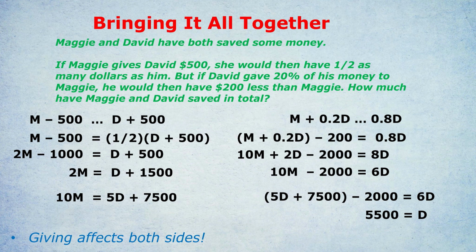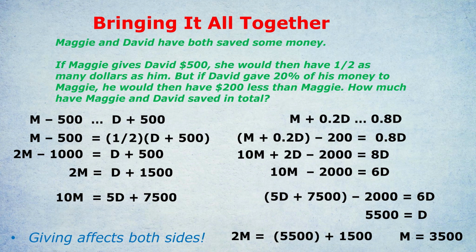At this point, the quickest way to get m is to substitute that back into the easiest equation, which is on the left, 2m equals d plus 1,500. And if d is 5,500, we can add 1,500 to that, which gives us 7,000. 2m equals 7,000, so m is 3,500. I've just subbed it into that equation on the left, the second from bottom, because that's the easiest equation to sub into. M is 3,500, and if D is 5,500, in total they have saved $9,000.